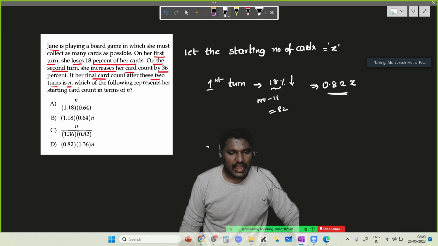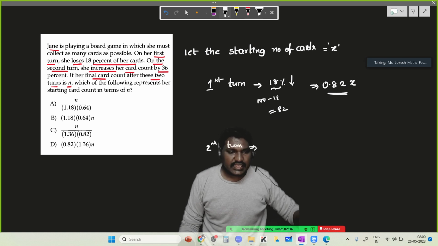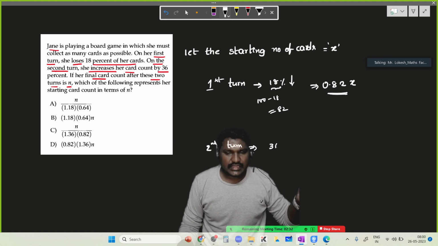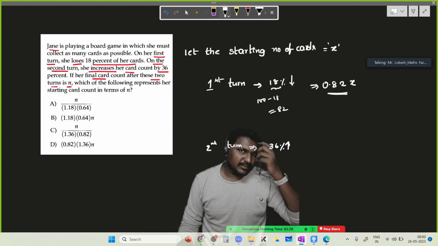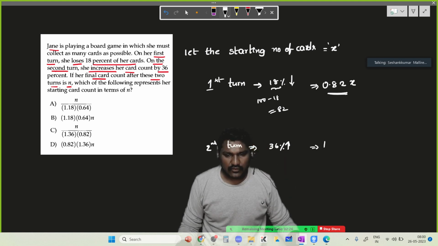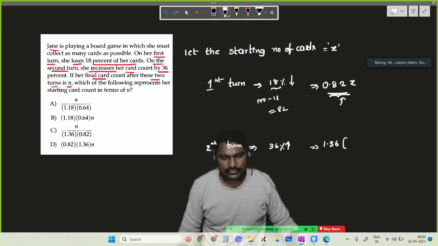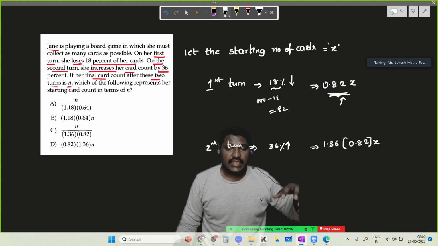Now, after the second turn, she increased her card count by 36%. That means we have to multiply with 1.36 of this existing value, not x. 1.36 times this existing value, because she is increasing after the first round.